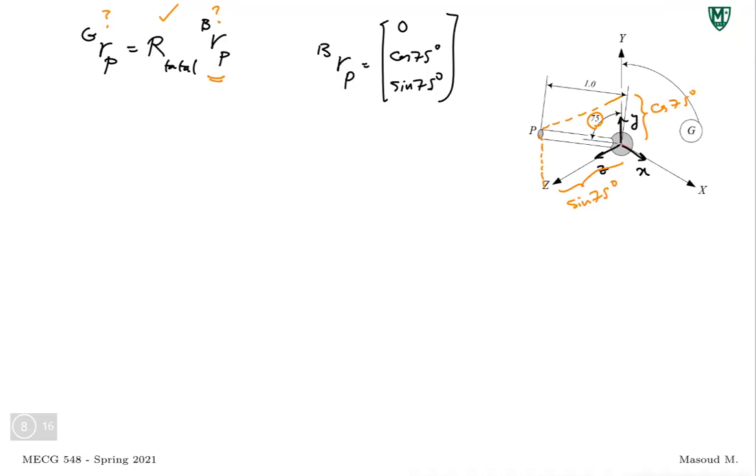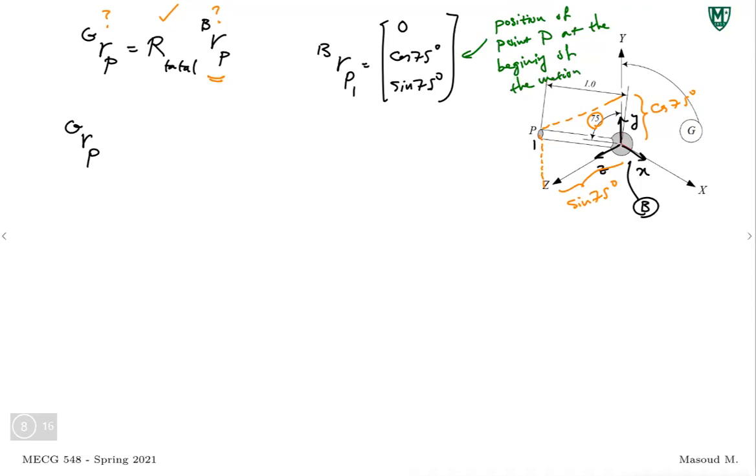That's pretty much it. Once you know r, the position of p in the local coordinate frame, the b frame that we call there, then we can find the position of p in the global coordinate frame at the end of the motion. So let me call this p1, the position of point p at the beginning of the motion.